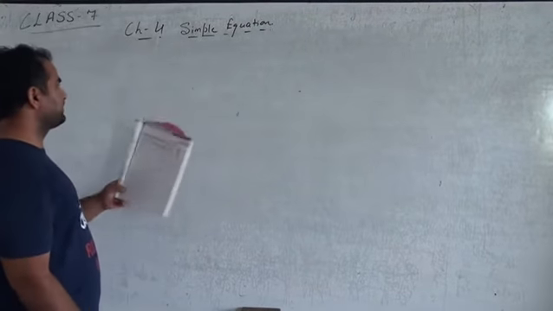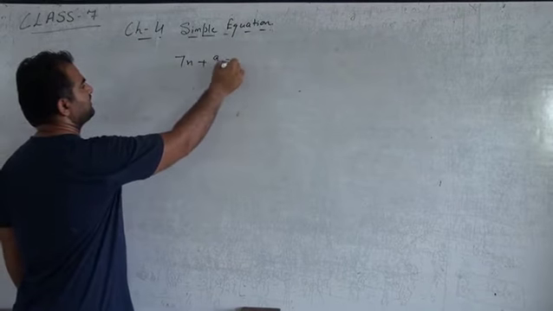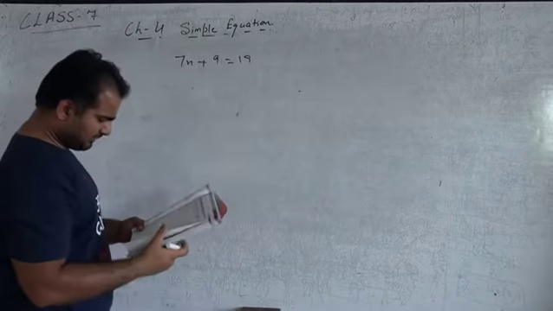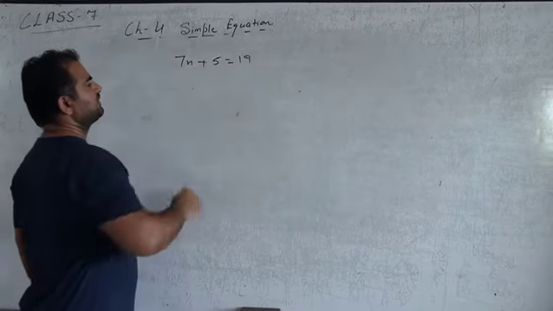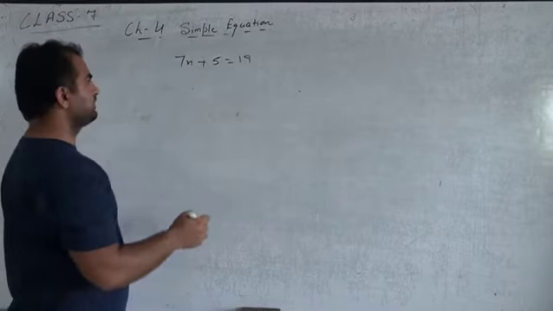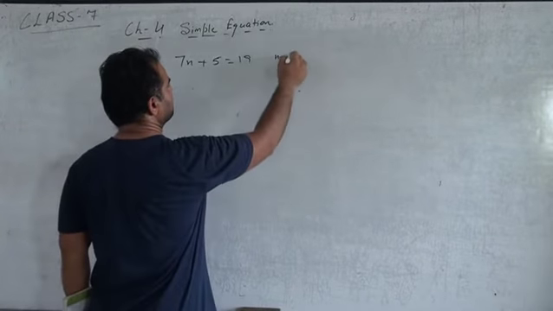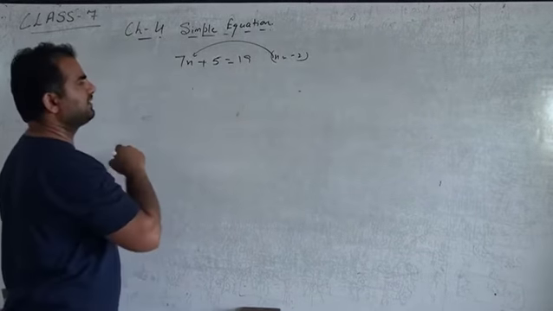7n plus 5 equals to 19. Okay, it's 5. 7n plus 5 equals to 19. What we have to do is we have to place minus 2 there. n equals to minus 2. So what I am going to do? I am placing n there.